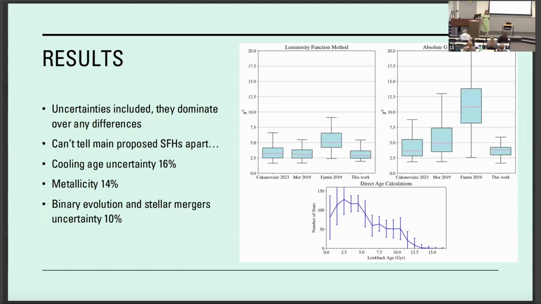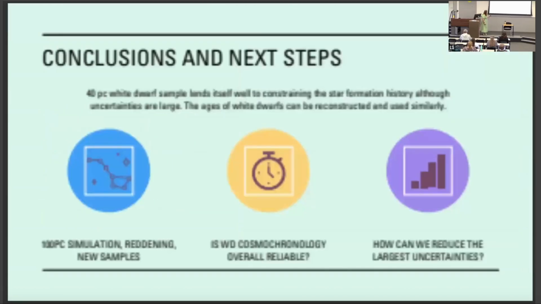So we had to assume a solar-like metallicity with some Gaussian spread on it for all of our objects. And then determining whether white dwarfs underwent any binary evolution or experienced a merger in their past. Again, it's quite difficult to tell that from the white dwarf remnant, whether they had that in their past, but that can also have quite a big impact on how long they've been cooling for and their observed age.